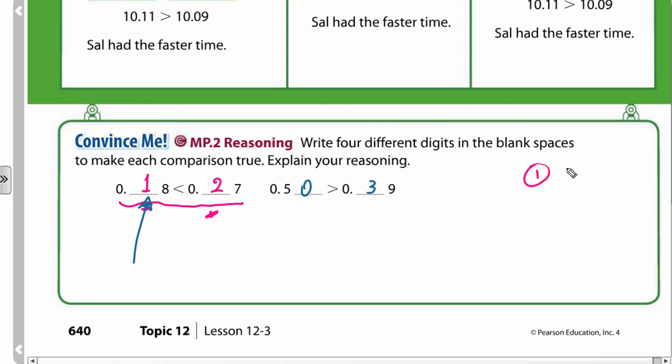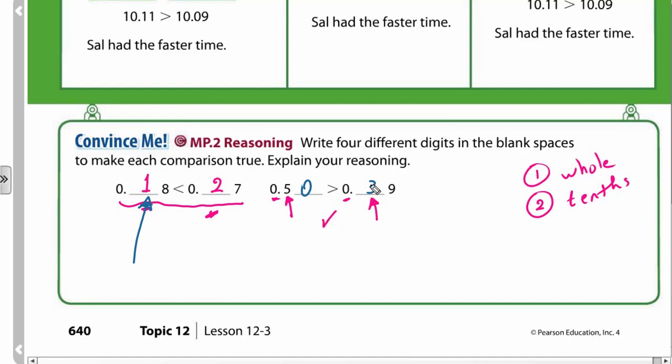The first step is the whole. The whole is 0, 0. It's the same. Now we should move to the second step. What is the second step? Tenth is 5, and here 3. So we don't do the third step. We don't move to the hundredths.